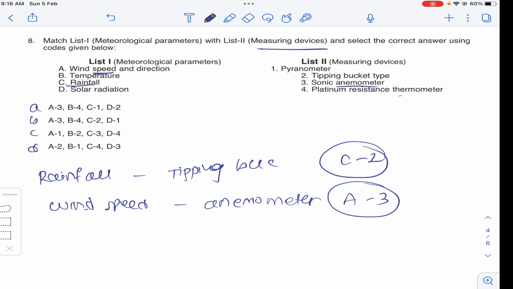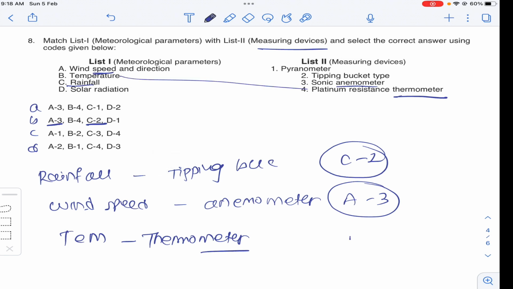And temperature is measured with a thermometer. So temperature thermometer, it is B4.